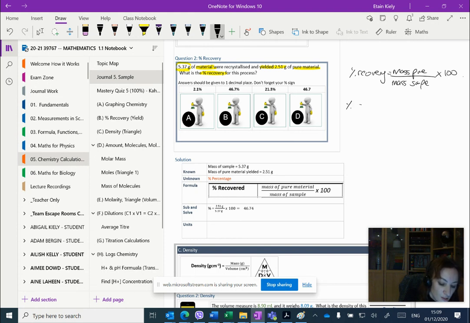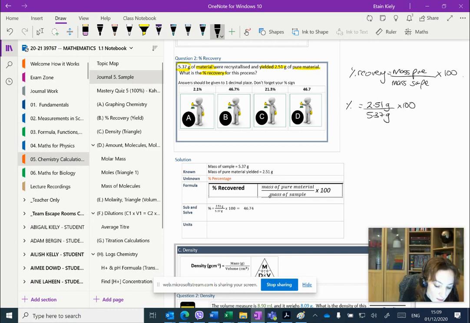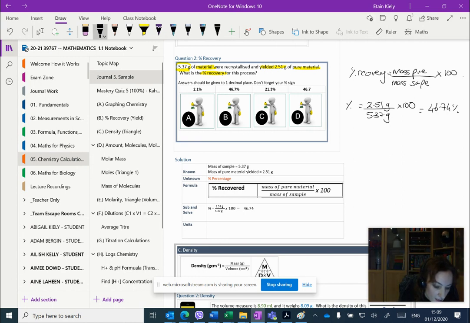The percentage is going to be the mass of the pure material, which is 2.51 grams, all over 5.37 grams, multiplied by 100. And this gives you an answer of 46.74 percent. It's really important not to forget your percentage sign.